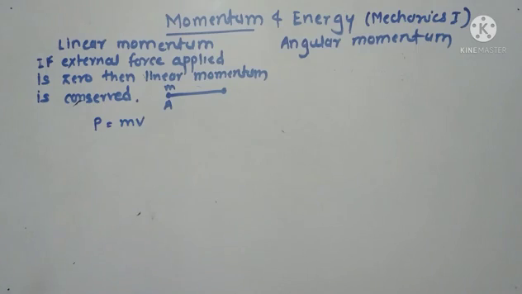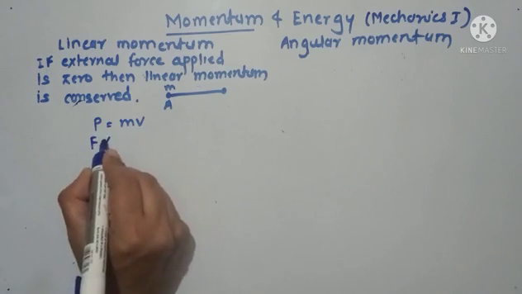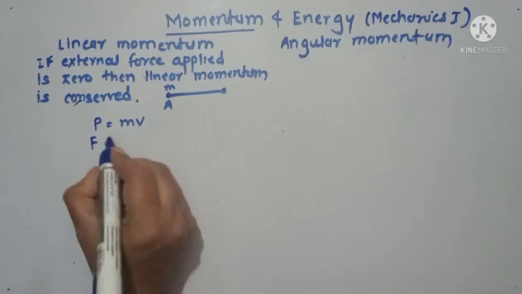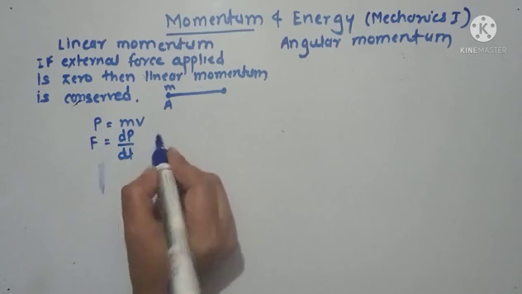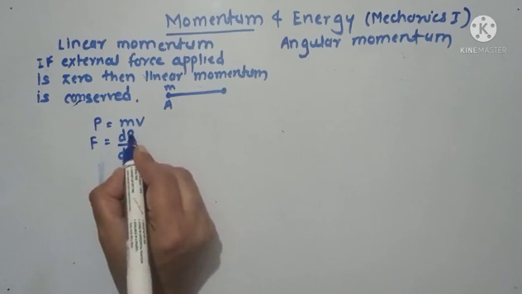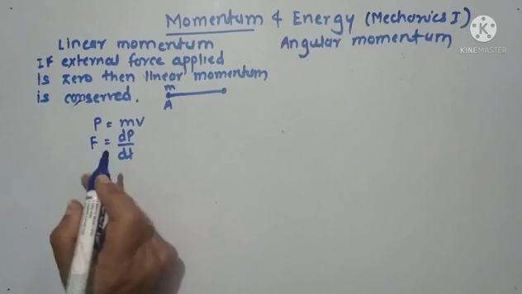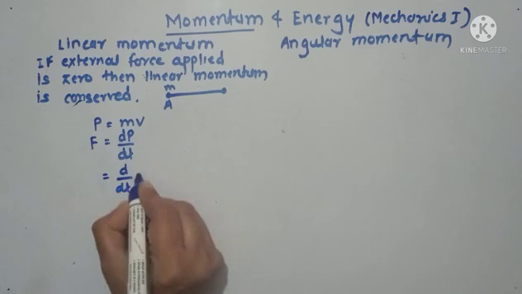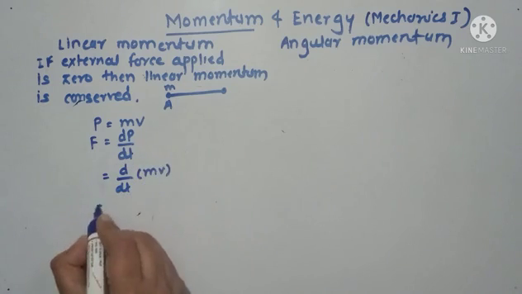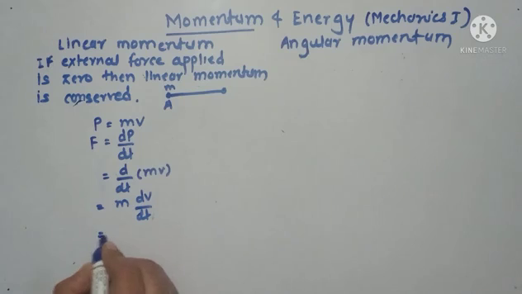Now I know that according to Newton's second law, the external force is directly proportional to, or equal to, dp upon dt. This is Newton's second law, which says that the rate of change of momentum is directly proportional to the applied force. So this is equal to d by dt of mv, and as m is constant, m dv by dt will remain, which is nothing but m into a.